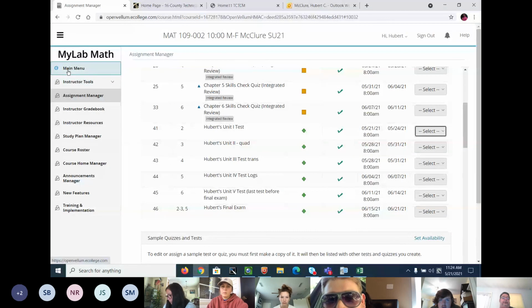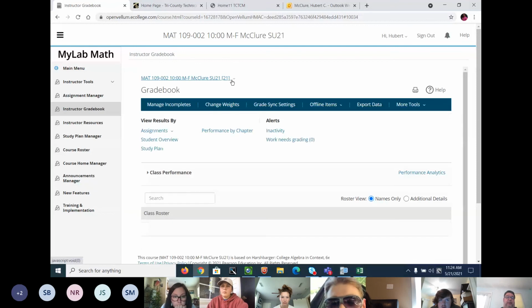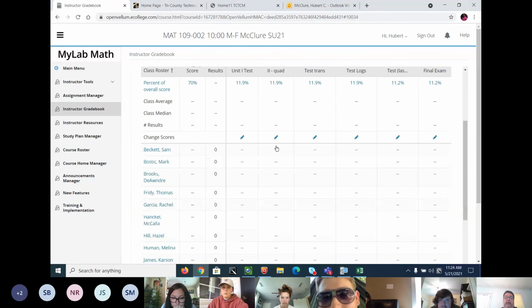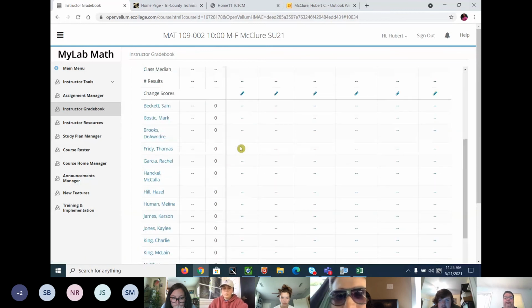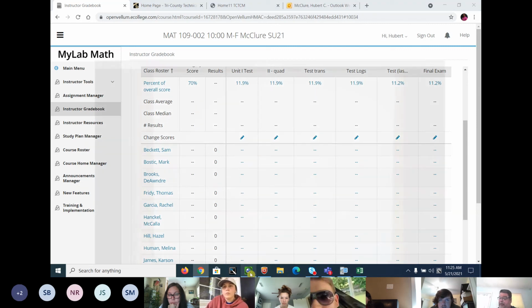Let me go to Gradebook. And I'm doing this for a reason. None of y'all have taken the test yet, I don't think. But when I pull up the test, yeah, nobody's taken it yet. Y'all see these little marks right here? Well, if something happens to you while you're doing the test, MyLab Math will send me a message: unable to finish or incomplete. I'm going to write these down because I'm going to show y'all what happens.